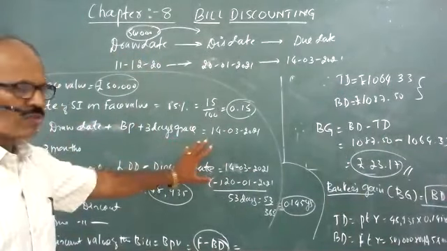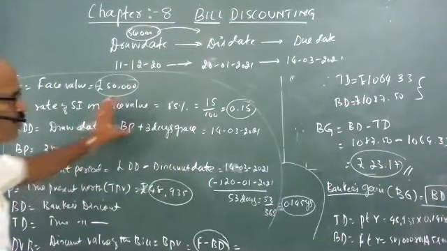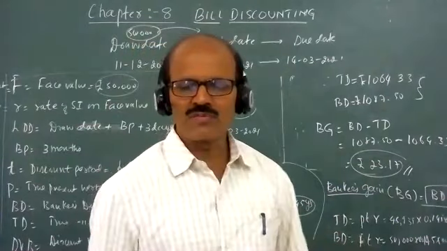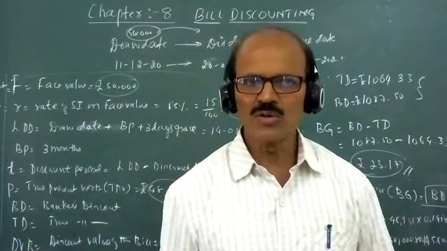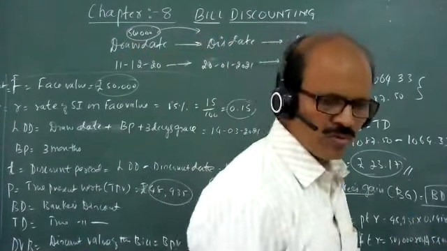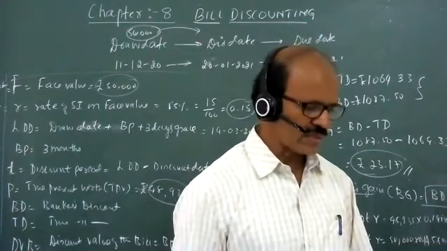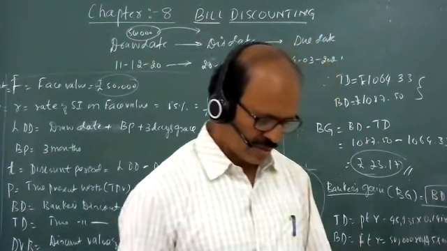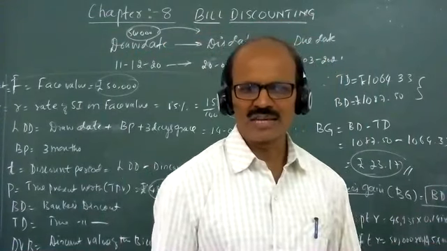Now, applying all the terms: face value, legal due date, discount period, true discount value, bill discount, banker's discount value, and banker's gain. So now I'm going to give you everything to calculate where the formulas are there. If you remember the formulas, we can easily go through all the examples. Now, it's already given in the textbook also, at page number 277, 276, 85, I think so.